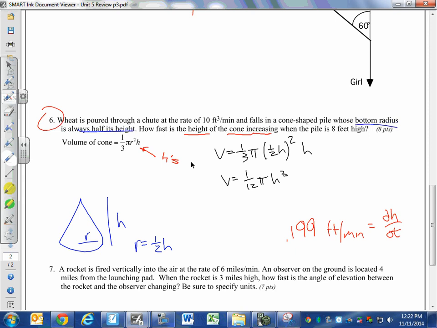If you can get here, you can get the rest of the way. This is what we would call a fixed relationship. Anything that's fixed, that's always true, you can plug in into your original situation.